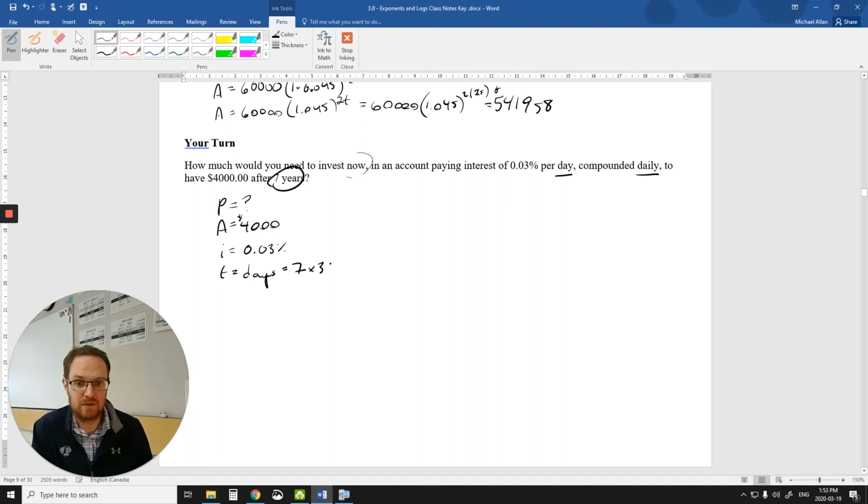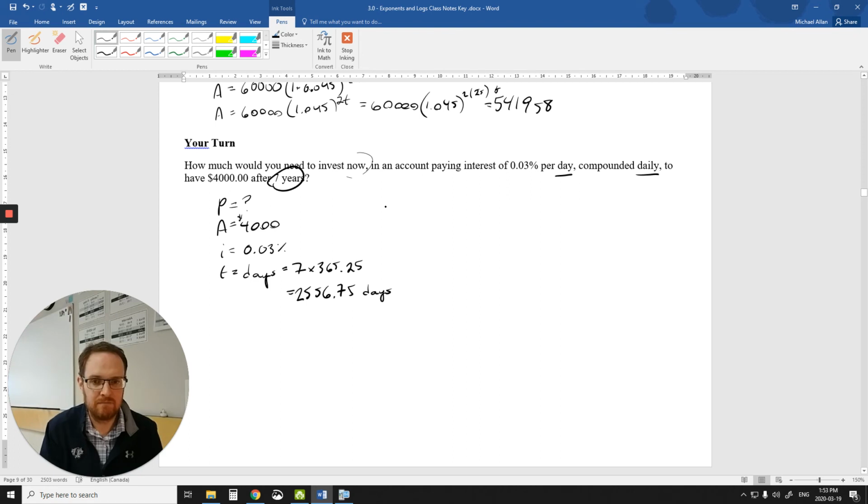We're going to have to use 365.25 days per year. 0.25 includes part of a leap year, so there will be a leap year within there. So the number of days that I have here is 2,506.75 days. So I'm going to use that as my time.